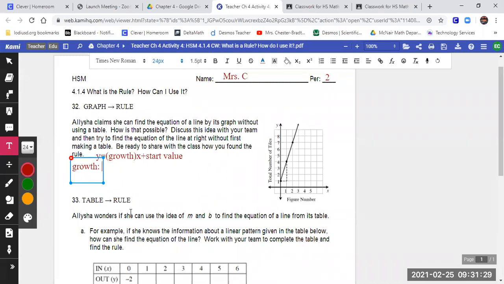We have to do something with the change of the X's and the change of the Y's. Once we find the changes, what do we do with them?